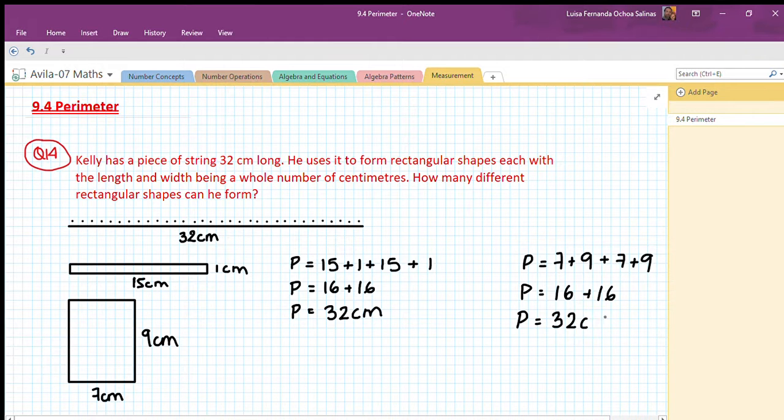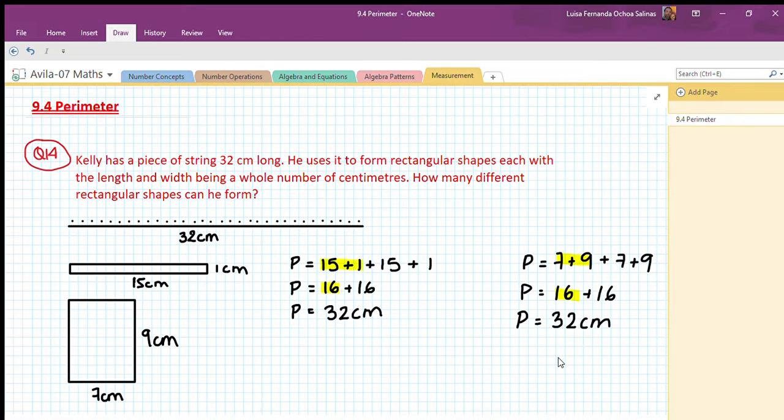Okay. This is what I wanted to draw your attention to. If you see here, I wrote it in this way. I know that there are different ways that you can calculate the perimeter, but I wanted to show you that 15 plus 1 in the first rectangle that I drew was equal to 16. And in the second one, 7 plus 9 is equal to 16. Therefore, how can we solve our problem?